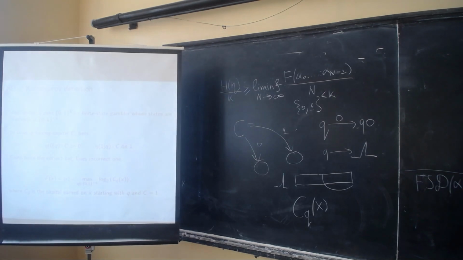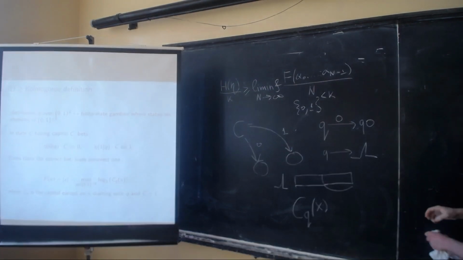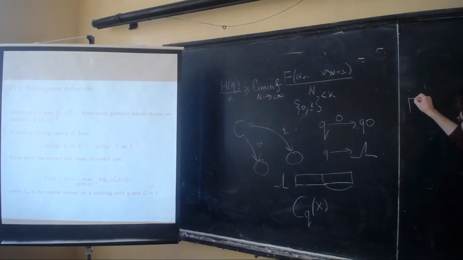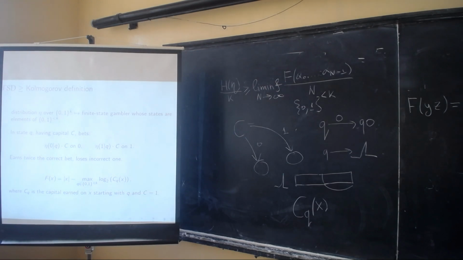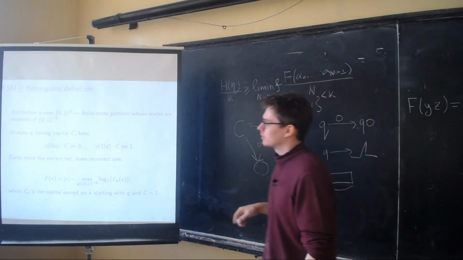So if you have a concatenation of 2 strings, y and z, then f of y z is the length of y plus the length of z, minus the log of the capital for some state Q on which the maximum is achieved.